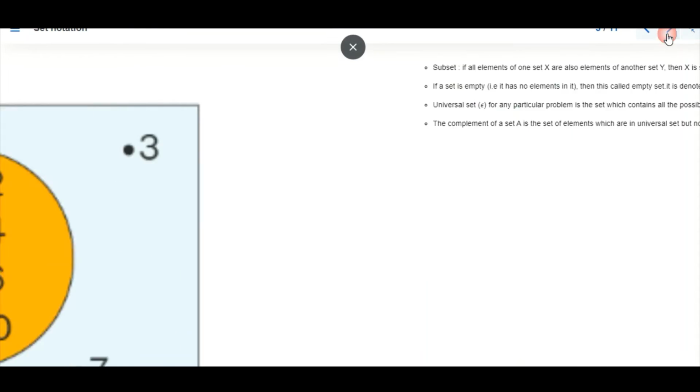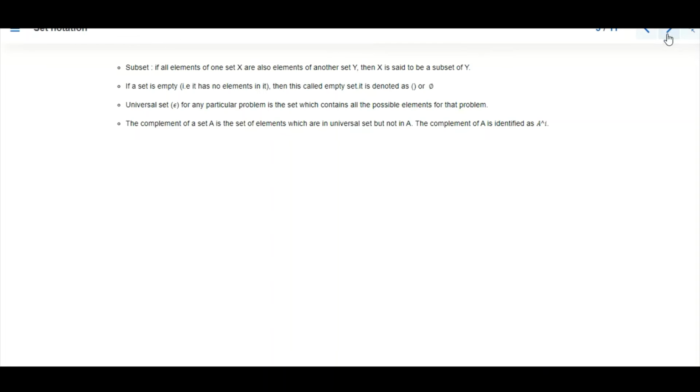Now we have some sub-definitions on sets that we need to know. First and foremost, we have subset. If all elements of one set X are also elements of another set Y, then X is said to be a subset of Y. What does this mean?